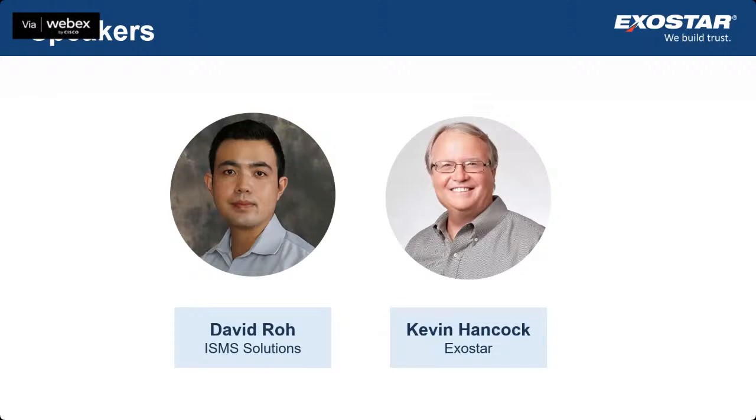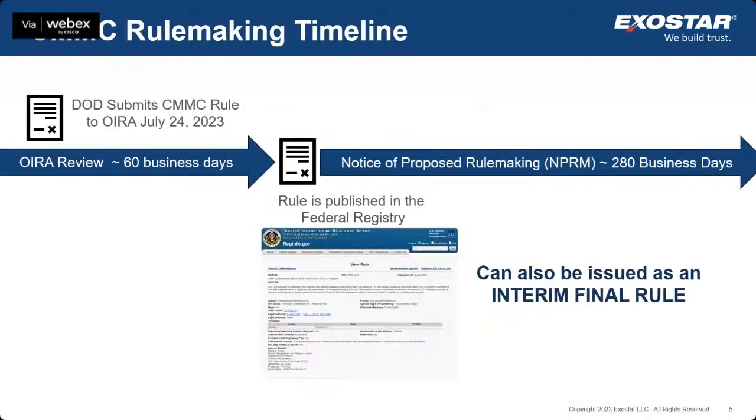Great, thanks, David. So before I turn it over to David, I just want to give everyone kind of an update on where we are in the CMMC rulemaking process and timeline. So we did have big news over the summer, right? The DoD did submit the CMMC rule to the OIRA office within the Office of Management and Budget.